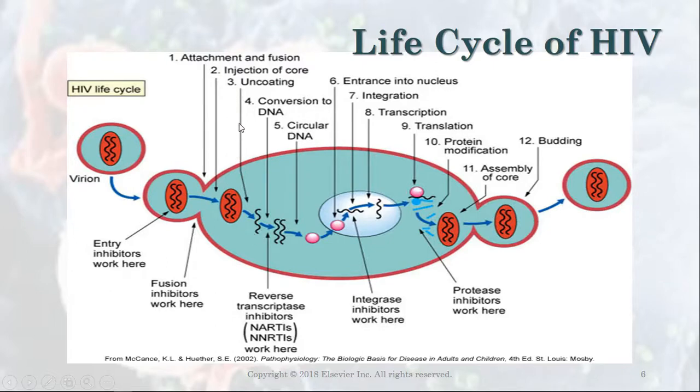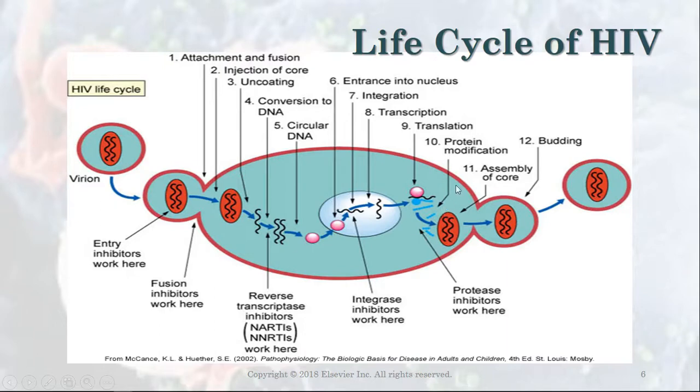It injects the core of the HIV virus, which opens up and uncoats. Then it uses this genetic material, the RNA, converts it to DNA, and your DNA then enters the nucleus of your CD4 cells, which in turn integrates, and then it copies and transcribes it into additional genetic material, which is translated into creating another HIV virus.